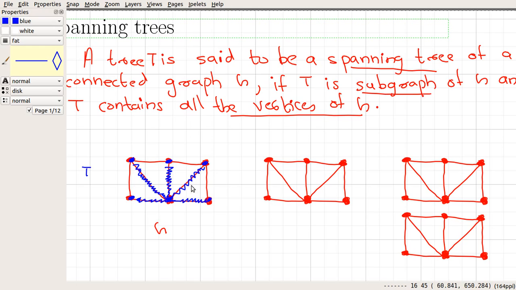So this T is a tree and a subgraph of this G, and moreover this T contains all the vertices of G. So that says this T is a spanning tree of G.